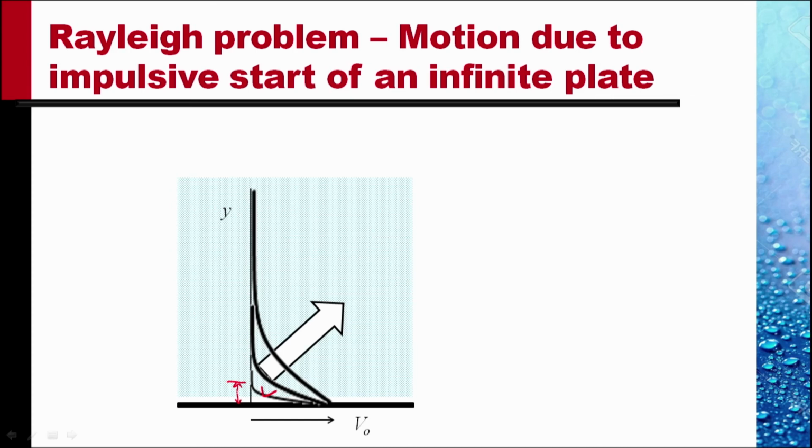At a little later time, this is the velocity profile. And now, the effect of the motion of the plate has penetrated to about this height. Above this, the fluid can be taken to be at rest. At a little later time, the effect is penetrated to say up to here.